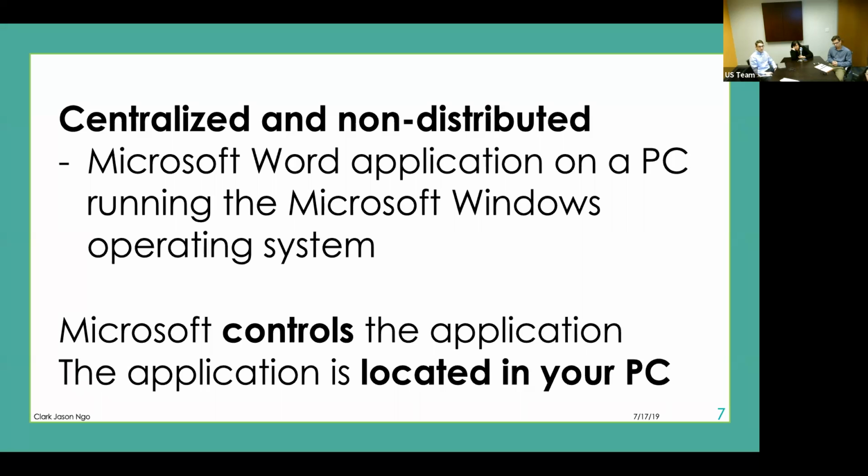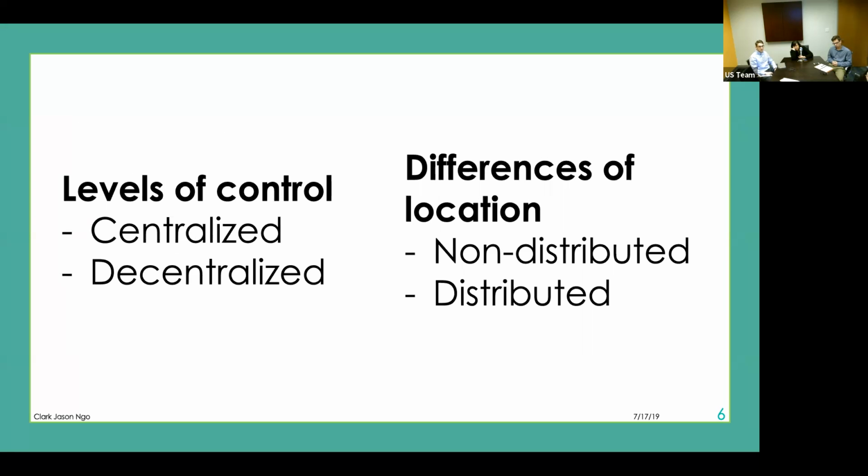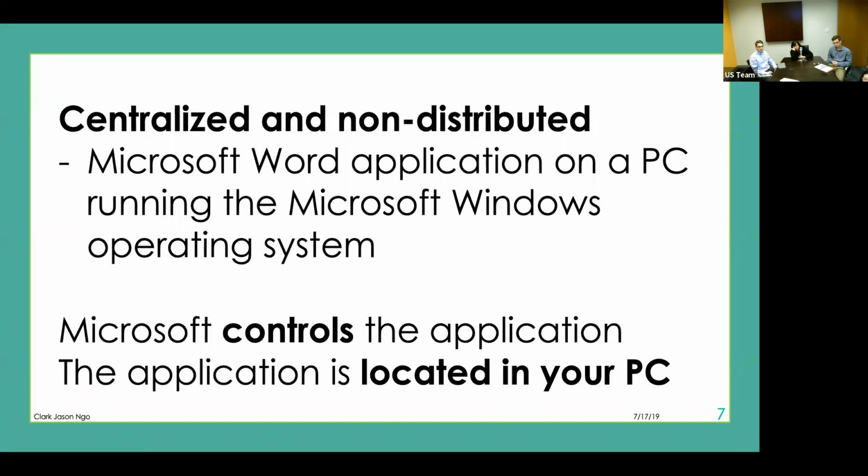But would it at some point be a distributed blockchain? It is a distributed blockchain. So it's both? Yeah. One thing to quickly remind people: when we say non-distributed, it is just located in your PC, or let's say local in Concord Ventures. That's still one location.